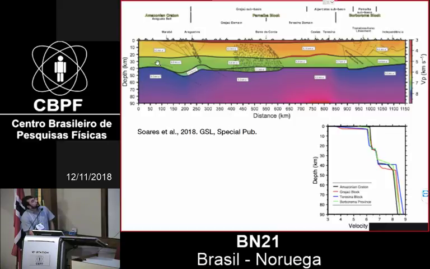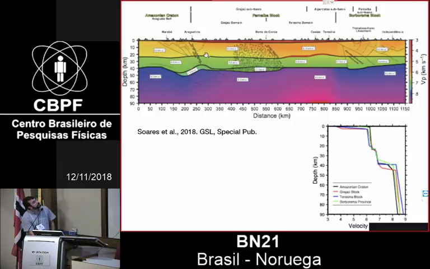This region has been also investigated using refraction seismics. The important thing about refraction seismics is that it shows not only, or not mainly, the general structure, but the density or velocity profiles across the region. So what we see is a contrast between this western part that's considered to be the base of the Araguaia fold belt. Here is the same structure that was shown before.